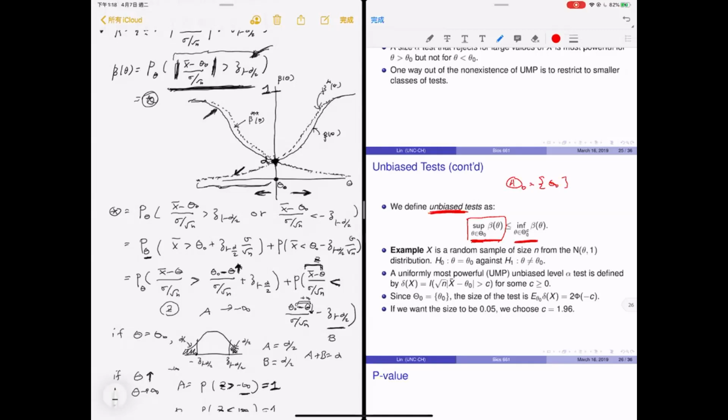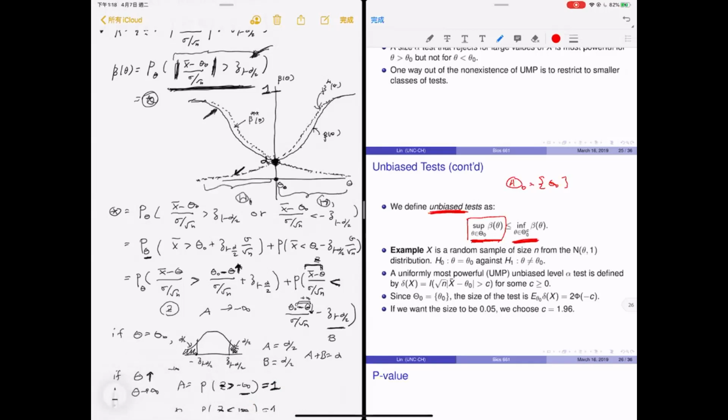Then this is alpha, only a single point right here. And in my alternative space, this is my alternative, and this is my alternative as well.